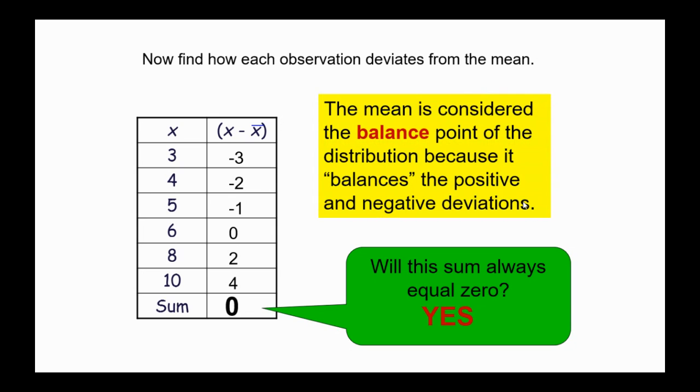And that's one way when you're calculating standard deviation of just normal data, not group, not a special case, that you can check that you're on the right track. If you make this column and then you add them up and they're 0, you did at least that part correct.